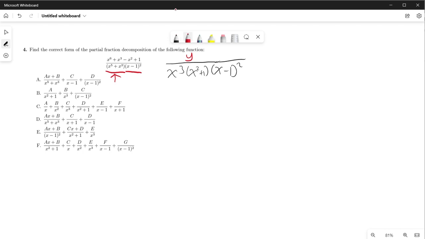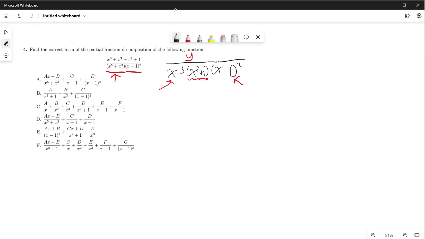So here is a repeated linear term and a repeated linear term. And here in the middle, we have a non-factorable higher power. So for repeated linear terms, we need to write every single one from the first power of the linear term all the way to the last power of the linear term.